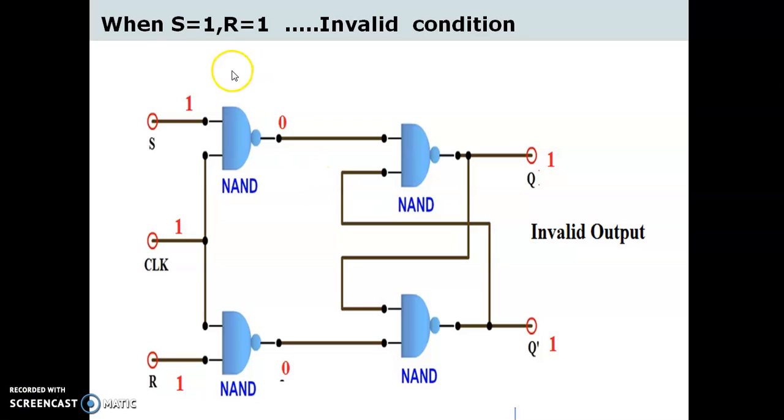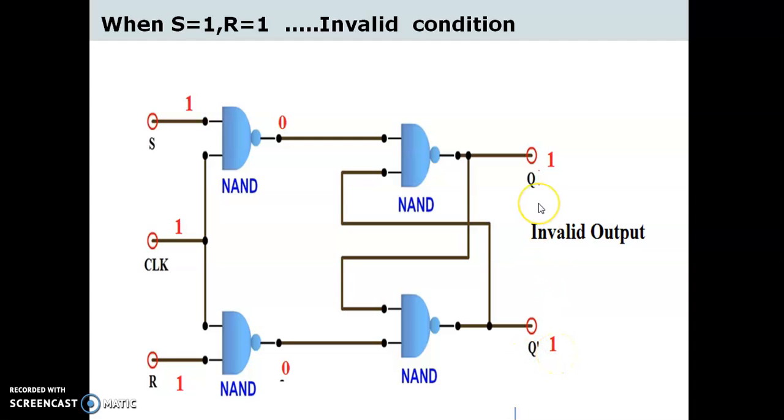Now see the last condition, that is when S equal to 1 and R equal to 1 and clock is 1. Now we know that for 1 1, the output of the NAND gate will be 0. Again for 1 1, the output of this NAND gate is also 0. Now for 0 0, we know that an SR latch gives Q equal to 1 and Q bar equal to also 1.